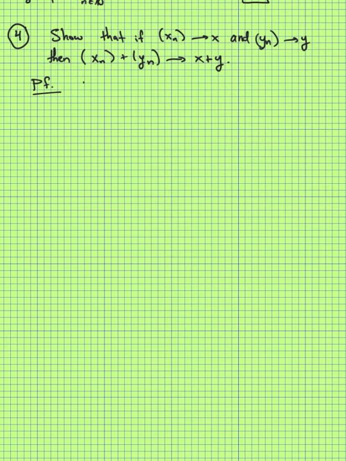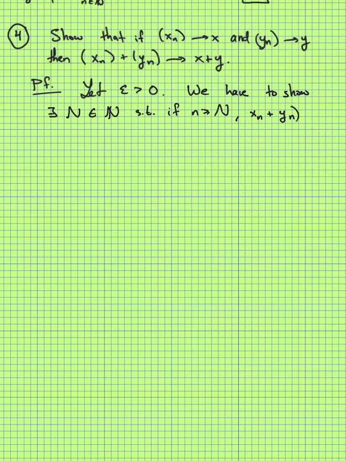Okay? So we let epsilon greater than 0. We have to show that there exists some N in the natural numbers so that if n is bigger than or equal to N, the absolute value of x_n plus y_n minus x plus y, oops, sorry, running out of space, is less than epsilon.